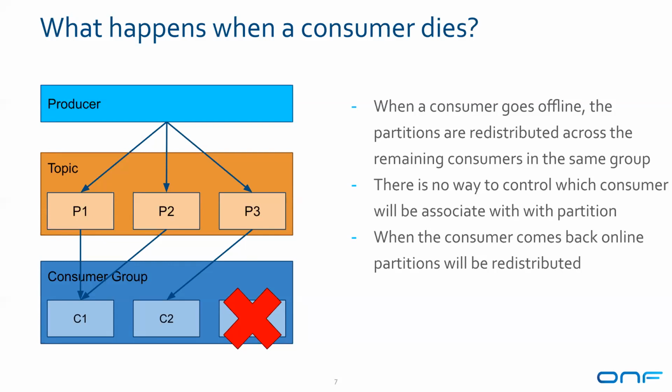So consumer 2 is still there, but the association between partition 2 and consumer 2 is also changed in the picture. Is that the case? Can you say that again? So consumer 3 is restarted in this picture.